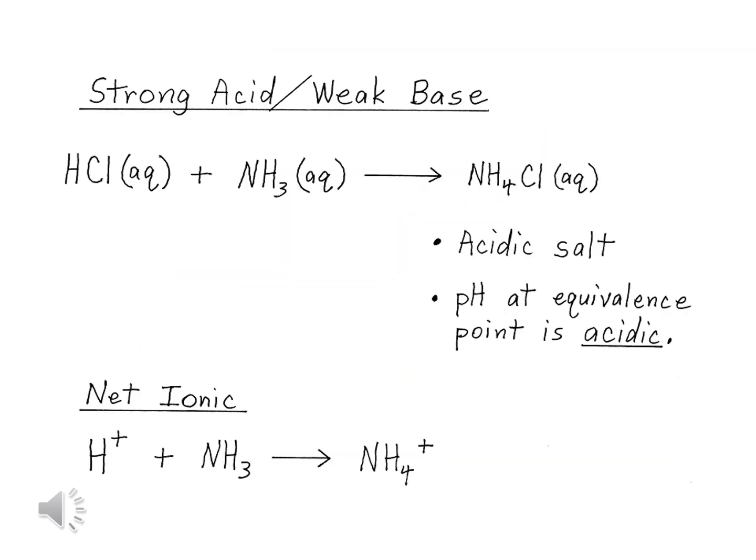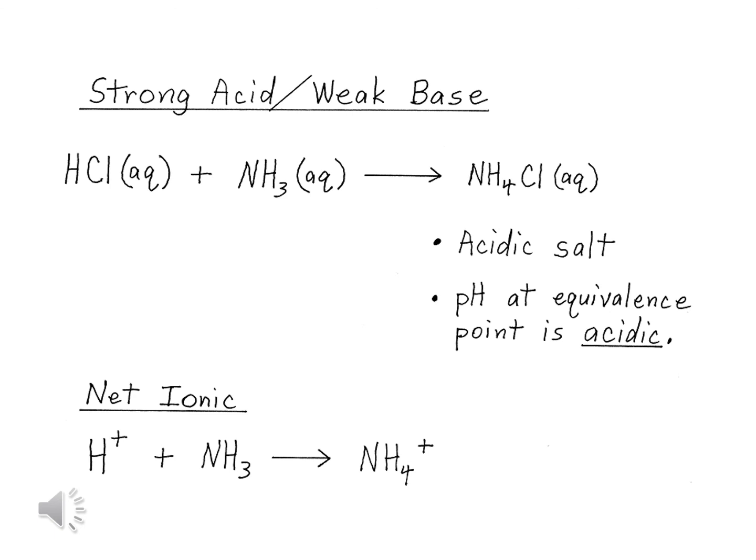Let's say you wanted to do a titration with the reverse case. You want to take a strong acid and titrate a weak base. This is a classic experiment. It's called the Kjeldahl determination of nitrogen in a compound. You can digest the compound, turn it into ammonia, distill the ammonia, and then titrate how much is there, and it determines how much N, or nitrogen, was in the original compound.